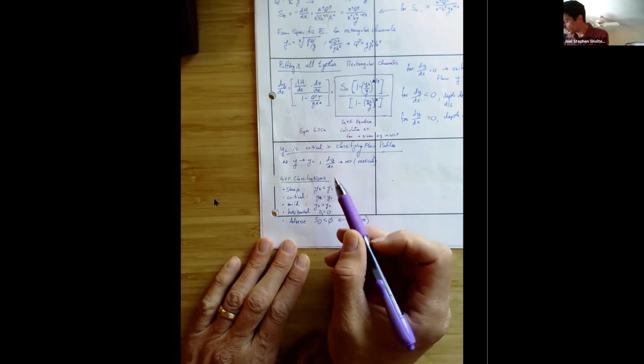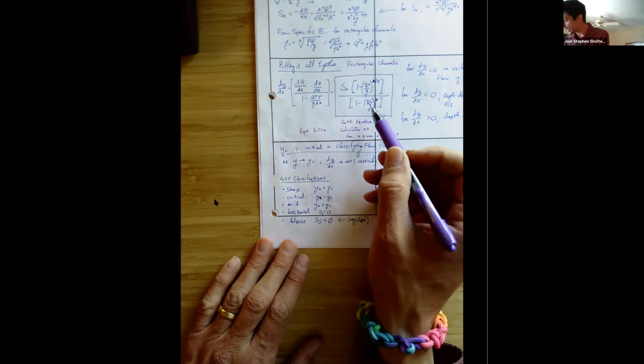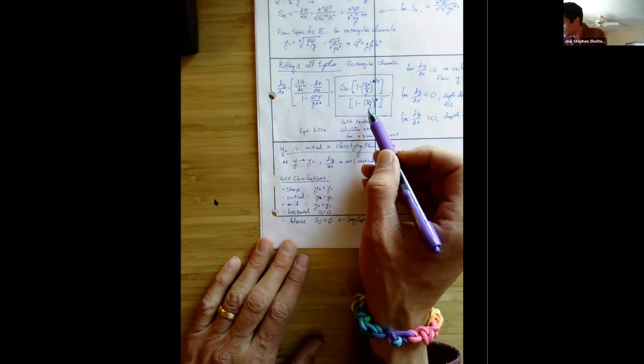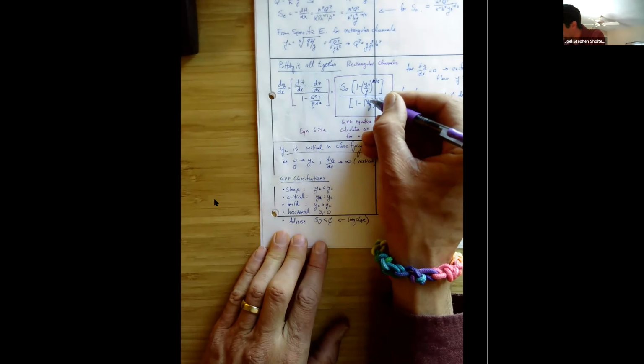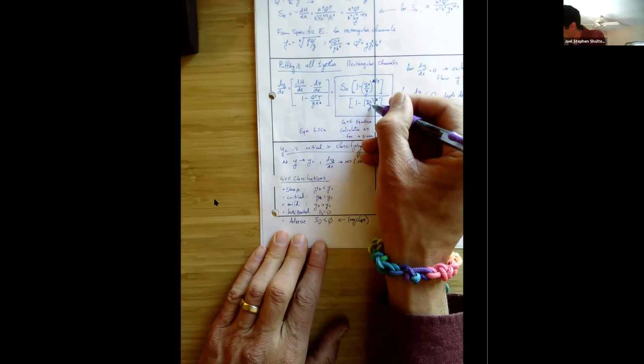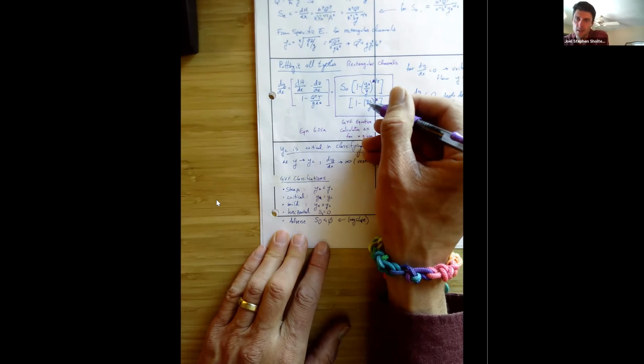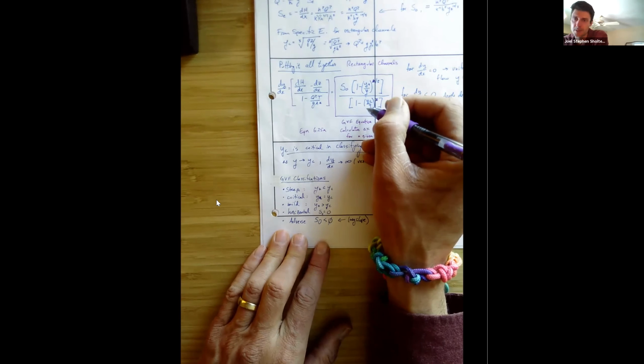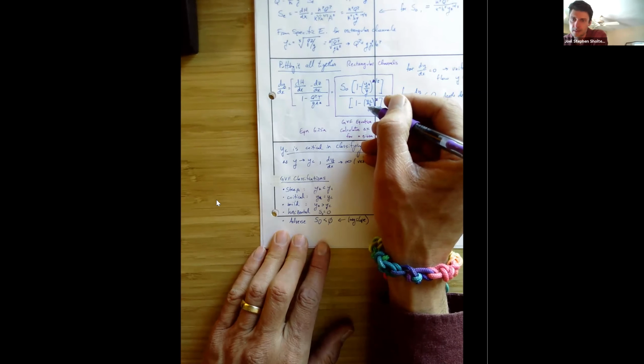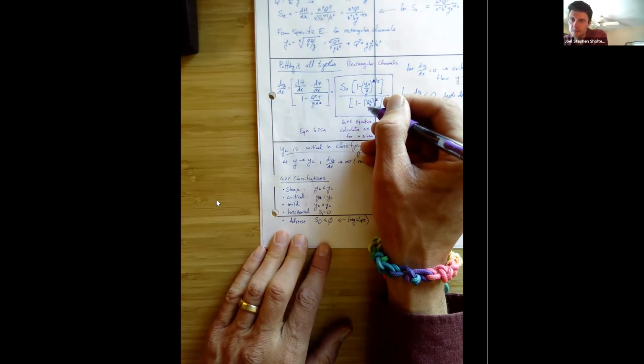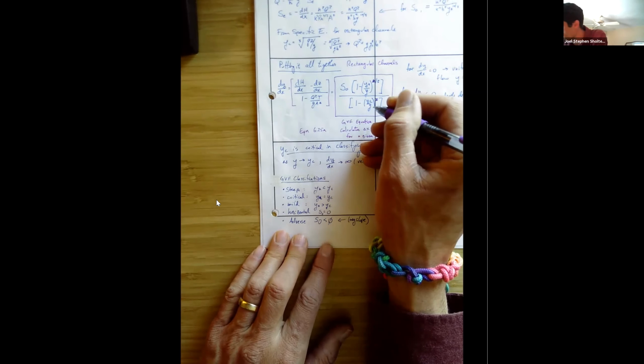But you'll also note that if you were to plug in yc here, because this is yc up here in this part of the fraction, then you get 1 minus 1 equals 0 in the denominator. And what happens when you put 0 in a denominator? Everything blows up. You get infinity.